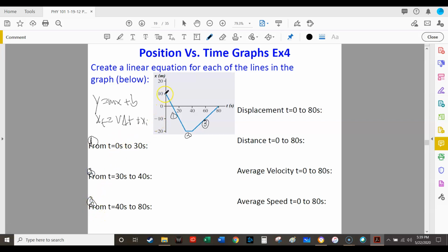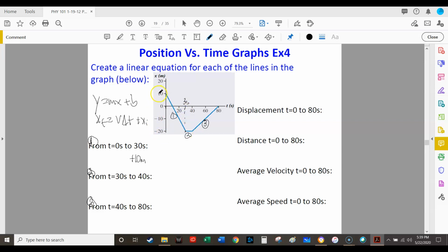It starts off at the 0 second mark at a position of positive 10 meters, and then it ends at negative 20 meters. So let's figure out its displacement from the 0 second mark to the 30 second mark right here.